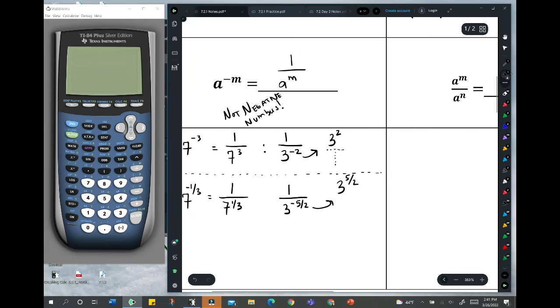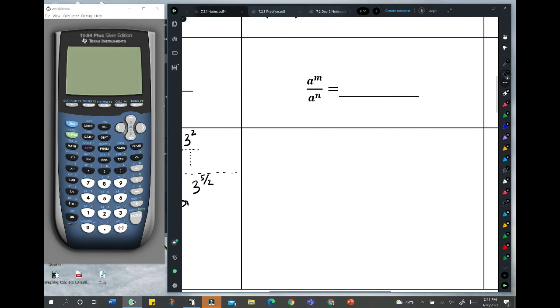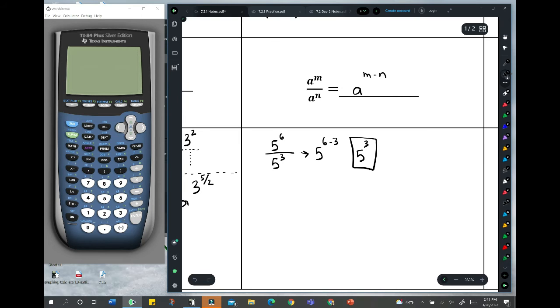Okay, subtraction is what occurs when you have the same base and you have different powers on top of one another. So you're going to subtract the two powers. Okay, in the past, when we had 5 to the 6th, all over 5 to the 3rd, it's the same thing as taking 5 to the 6th minus 3, which is simply 5 to the 3rd power.